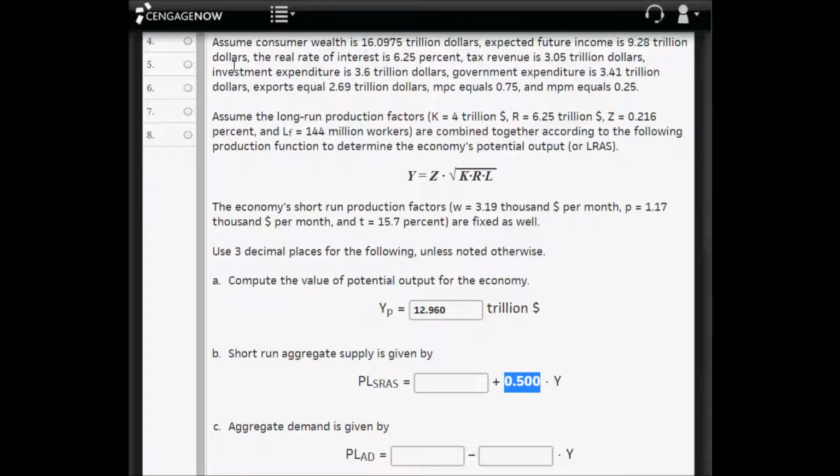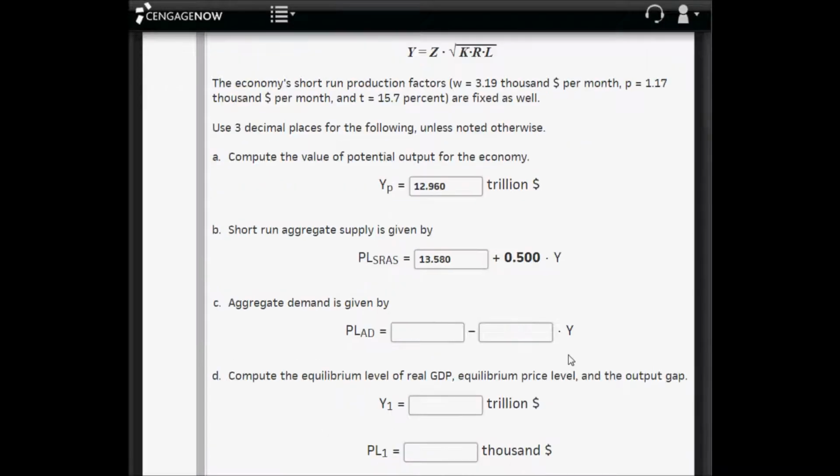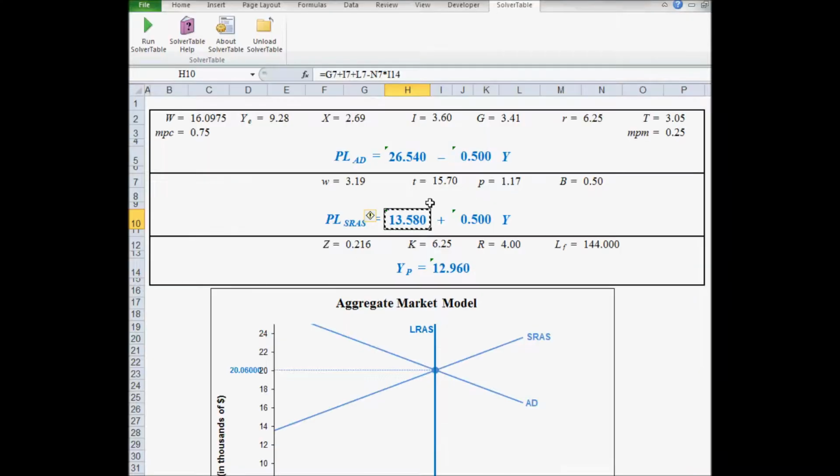So we're going to paste that right here. And it was found by doing what? Well, we add the nominal wage rate, the supply side tax rate, the nominal price of other production inputs, and then we subtract off the slope times potential GDP.